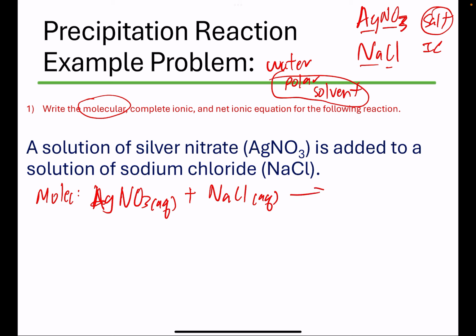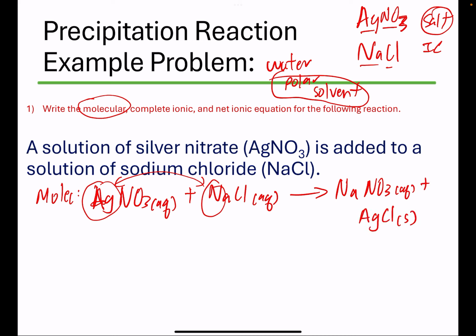So we assume that they do react and they're gonna replace each other, so the metals are gonna change places. So we're gonna get NaNO3 aqueous plus our AgCl. I'm gonna put solid because I know that is what precipitates out. And you also know that as well.